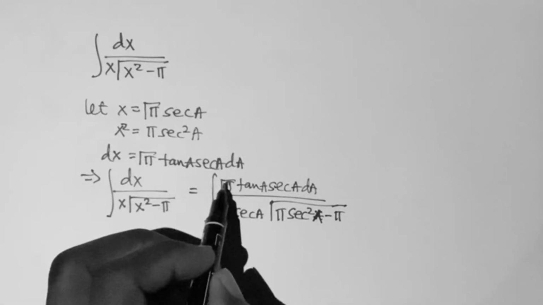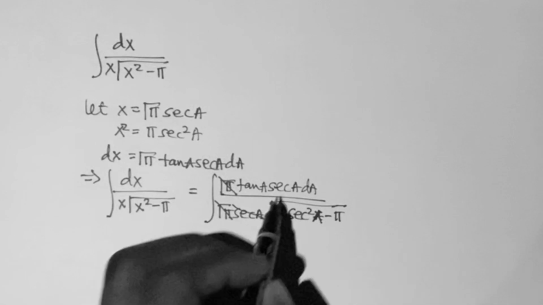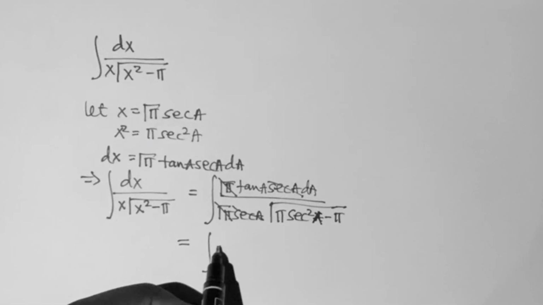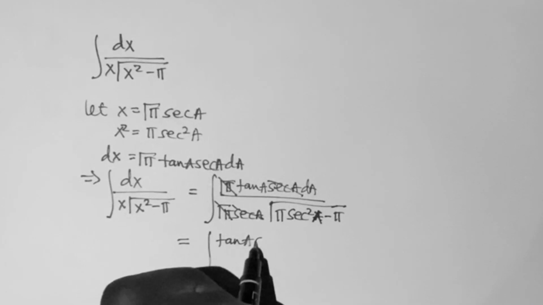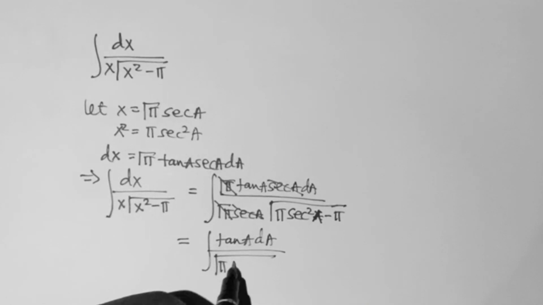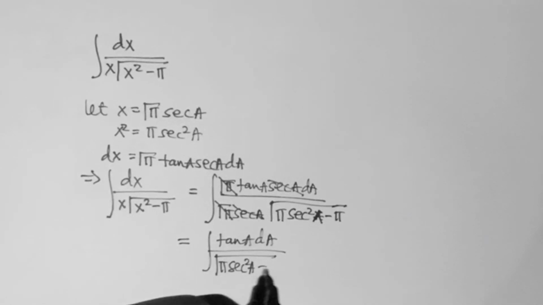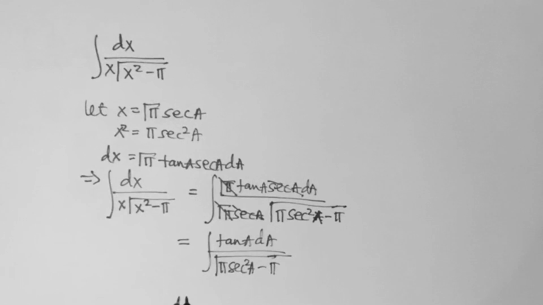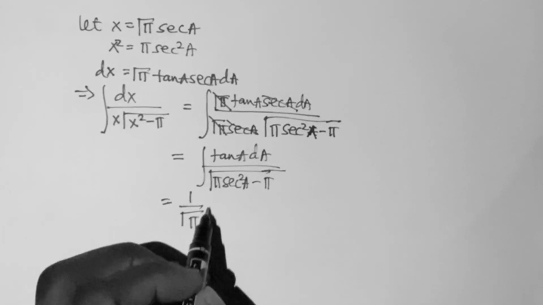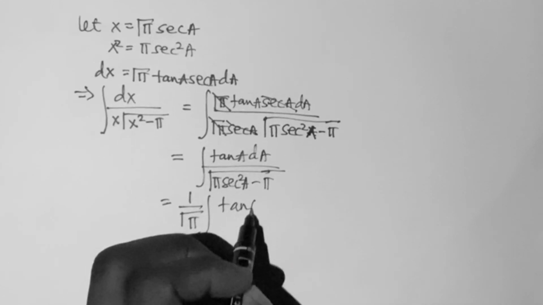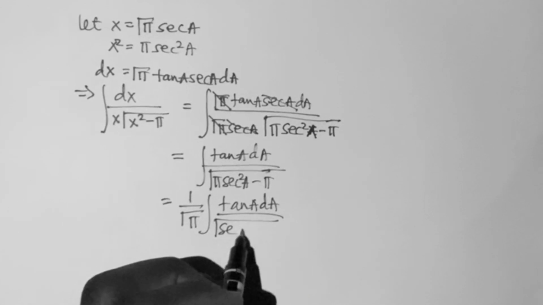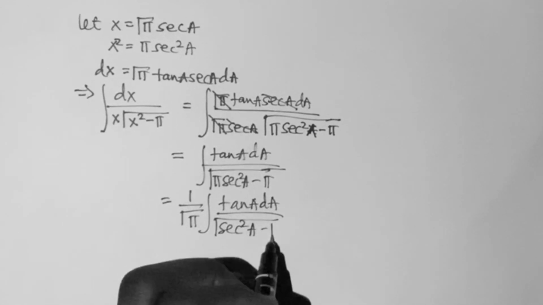So this pi and this pi can cancel out, and this sec a and sec a can cancel out. So we are left with integral of tan a dA divided by square root of pi sec squared a minus pi. So you can factorize pi out, and if you factorize pi out, you get 1 over square root of pi integral of tan a dA divided by square root of sec squared a minus 1.